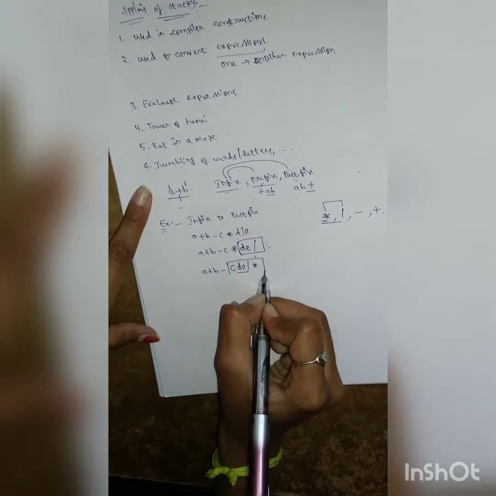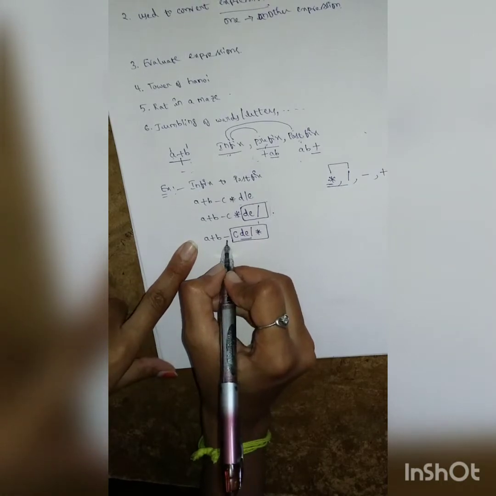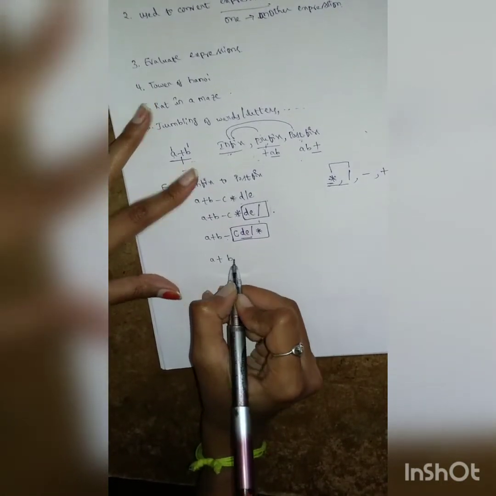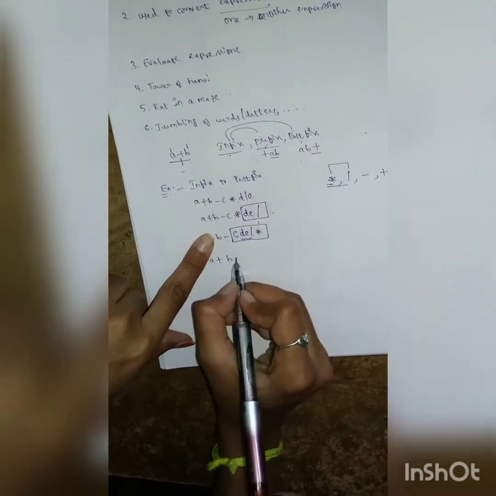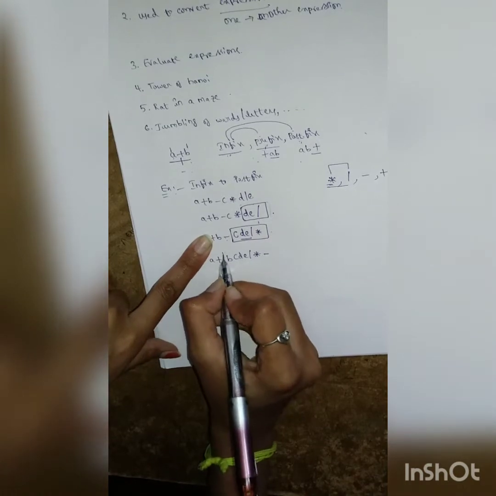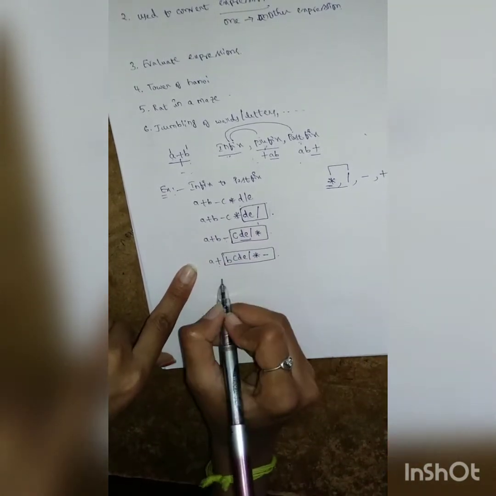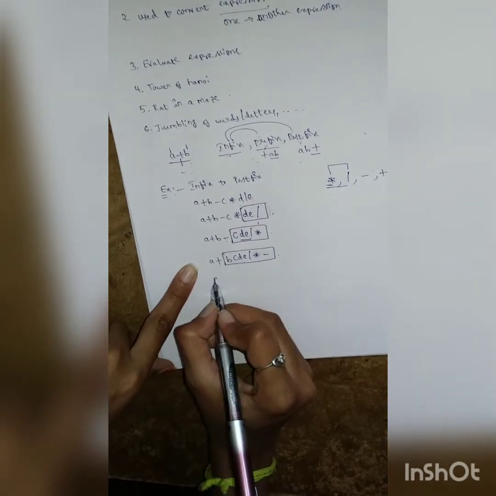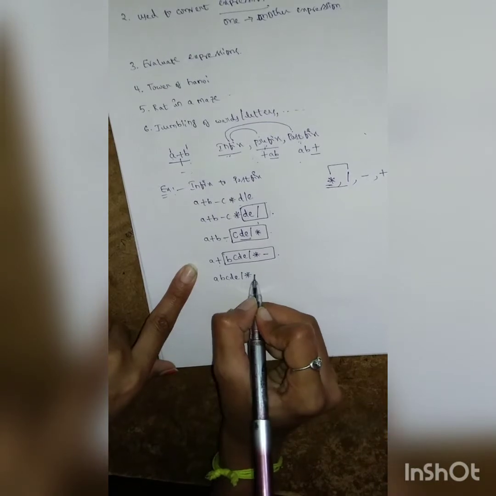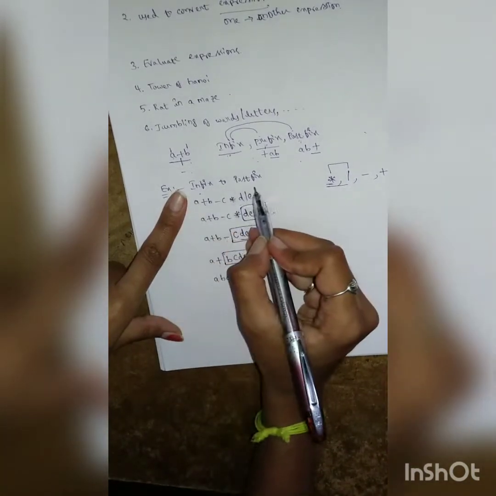Now consider this as one. The next precedence is minus: a plus b, and minus should be here, so c d e slash into minus. Now we consider this as one, and this plus should go here. So a b c d e slash into minus plus. In this way we can convert infix expression into postfix.